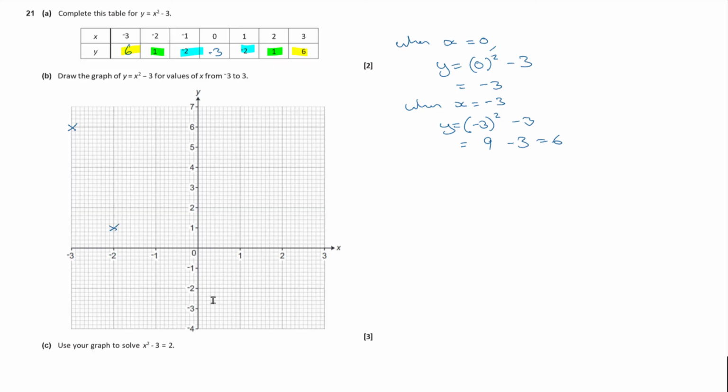Minus 1, minus 2 down there. 0, minus 3. Okay, and then we've got 1, minus 2. We're going to start going back up again. And then 2, 1. And then finally 3, 6. Okay, so they're all the points.